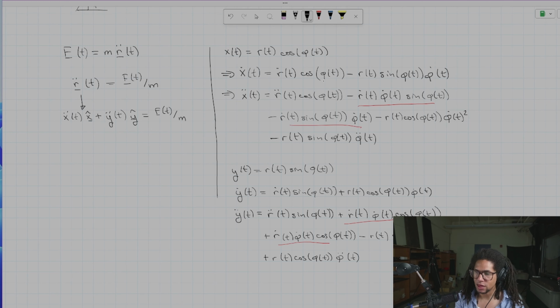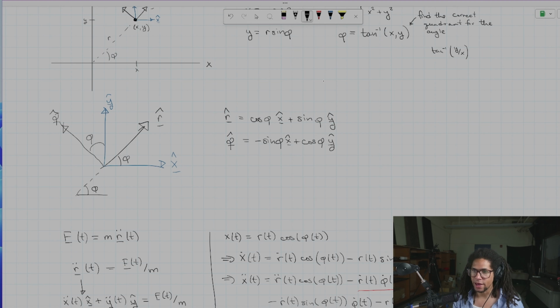Okay, but that isn't actually all I need to do. At this point, I actually should try and combine these to figure out what my x and y vectors are. So I think the easiest thing to do is going to be to multiply, to get the x vector, let's say, let's multiply this first equation by cos phi and this bottom equation by sine phi, and then we'll subtract them.